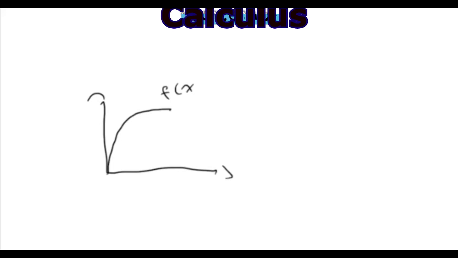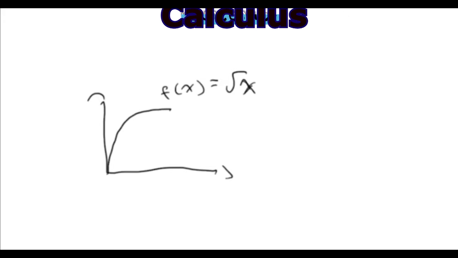Hey guys, in this video we're going to talk about how to integrate a function that is revolving around a Cartesian plane. Say we have this two-dimensional graph and this function, which we call f of x, and by the way it looks like a square root of x.